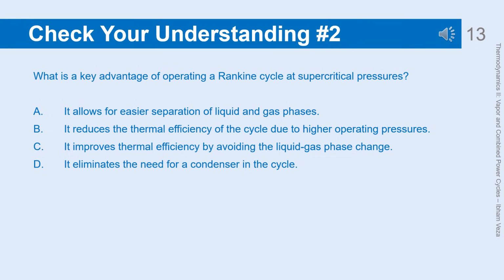Incorrect, because supercritical operation actually improves thermal efficiency by utilizing higher pressures. D. It eliminates the need for a condenser in the cycle. Incorrect, because a condenser is still needed to reject heat in the cycle, even at supercritical pressures.